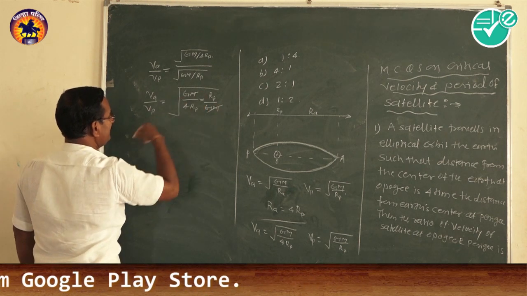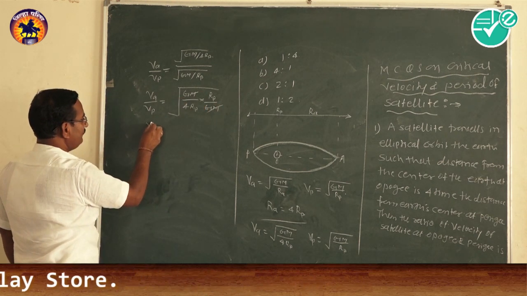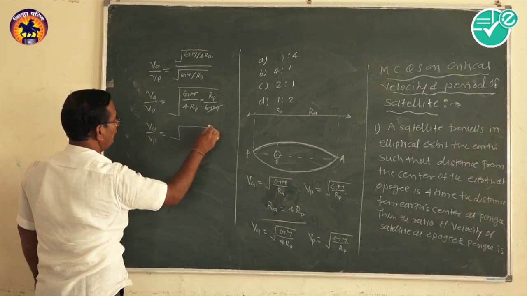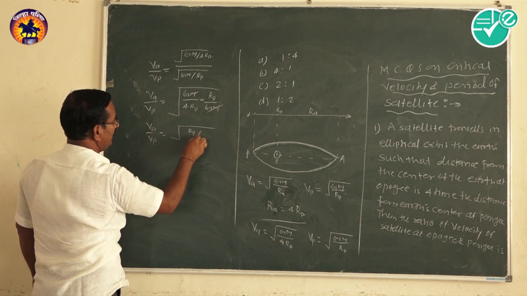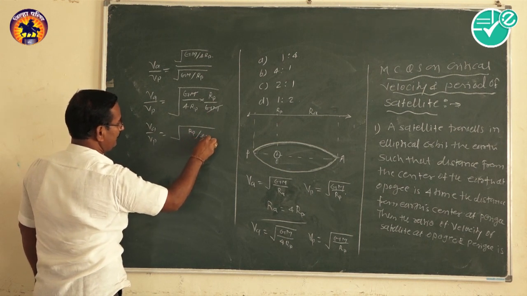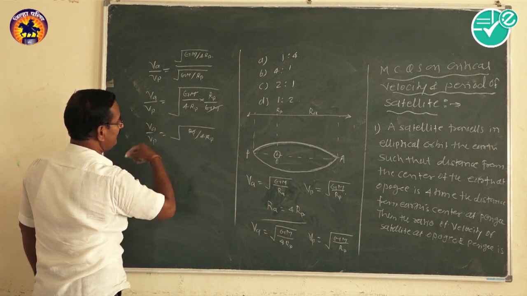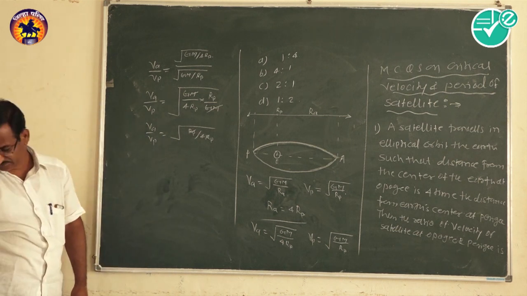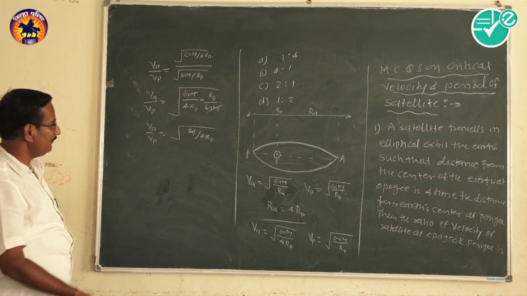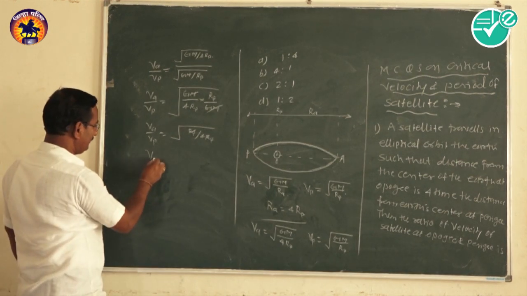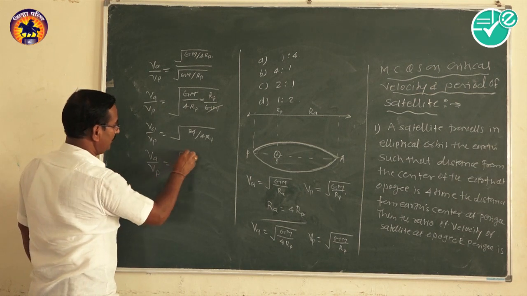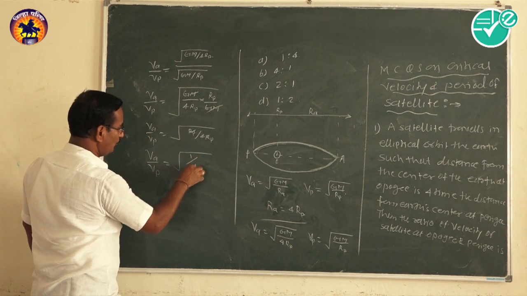Here GM gets cancelled and VA upon VP is equal to under root RP by 4RP. RP gets cancelled. The remaining thing in this equation is VA by VP is equal to under root 1 by 4.